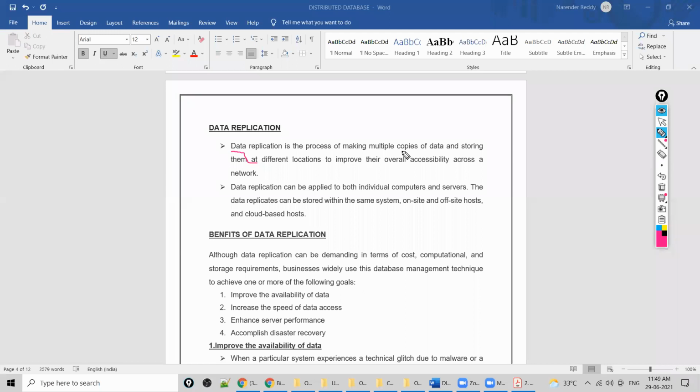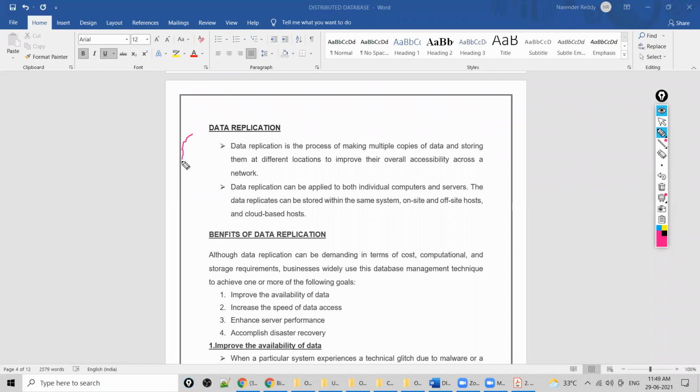Simple. This data replication can be applied to both individual computers and servers. First point, what does data replication mean?